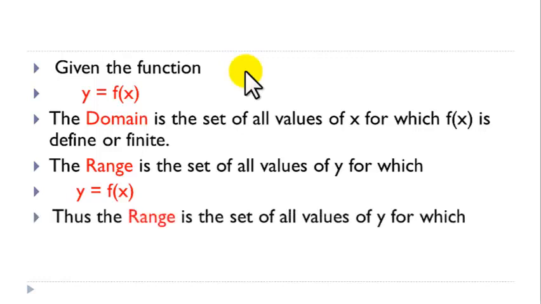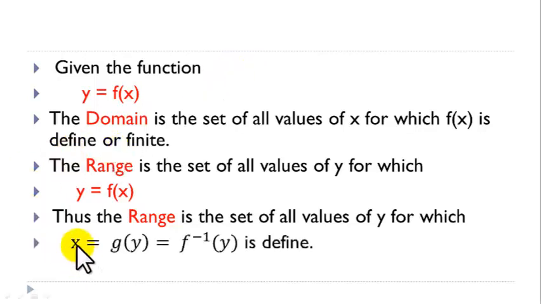Thus, the range is the set of all values of y for which the inverse of f of x is defined. That is, for which x is equal to g of y, which is equal to f inverse of y, is defined.